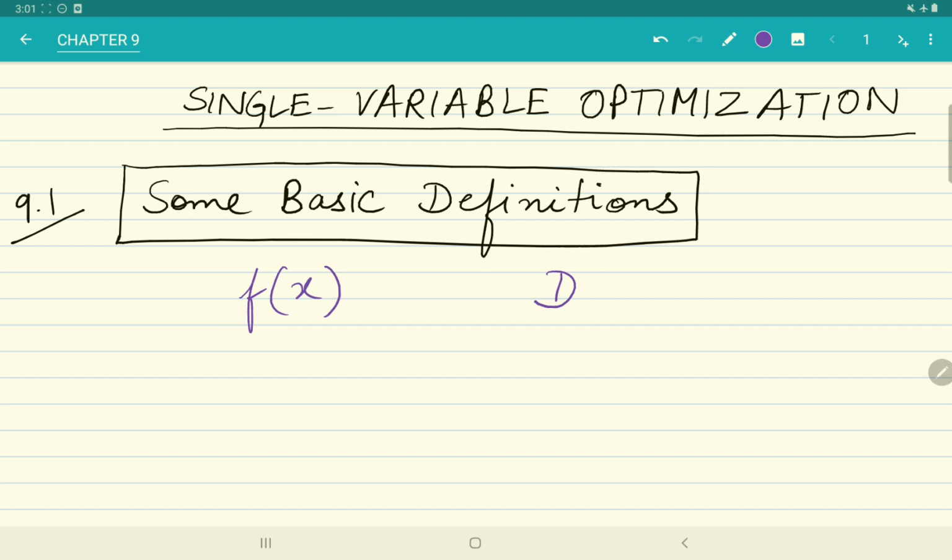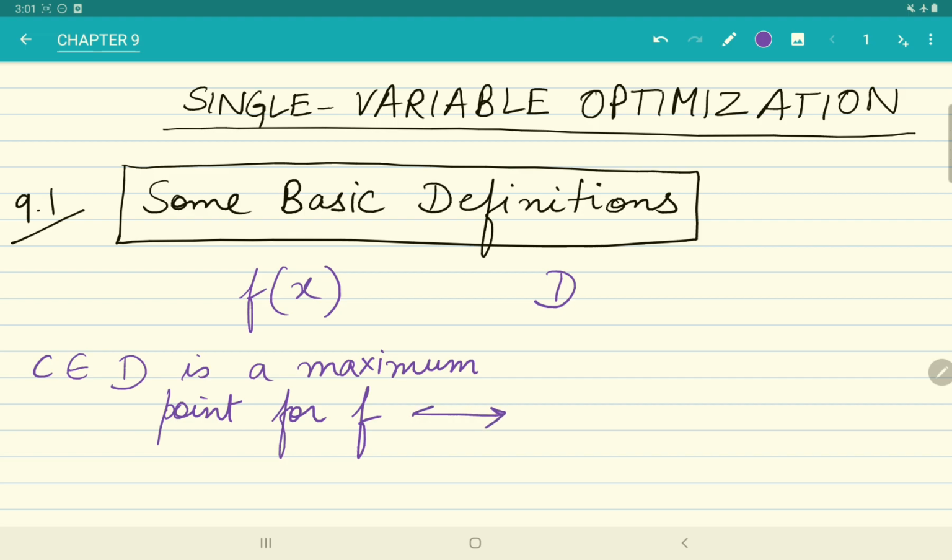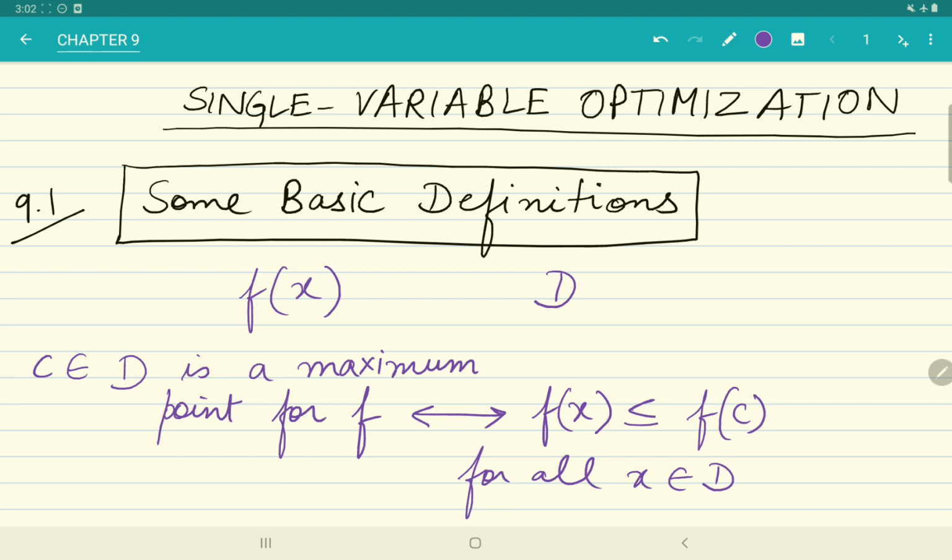Now in this case, when I write c belonging to D, it is a maximum point for f if and only if f of c is greater than or equal to f of x for all x belonging to D. So this is if and only if f of x is less than or equal to f of c for all x belonging to D. That means c belonging to D would be the maximum point for f.